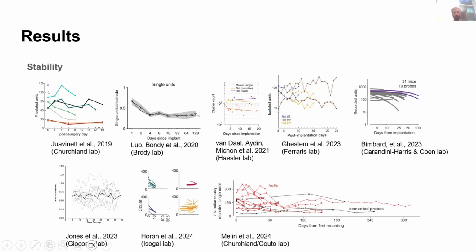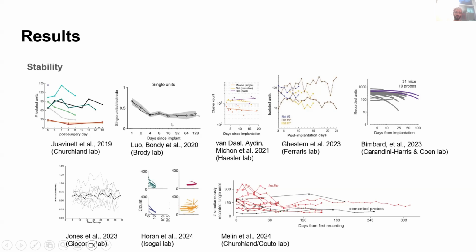And usually you can see that at the beginning there may be some drop-off. It's particularly clear here in this paper. So there is a drop of units and then it stabilizes. To be honest, in my own experience, this shape can vary a lot depending on the mouse, depending on the surgery. It's very hard to understand what is driving a good implantation versus not. Definitely surgery quality is one factor.